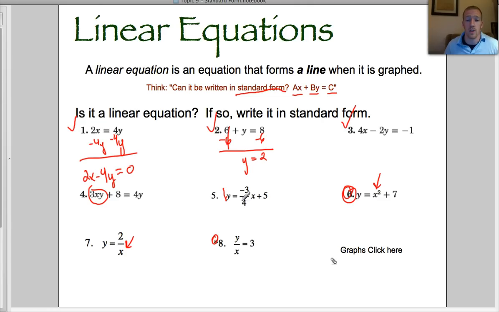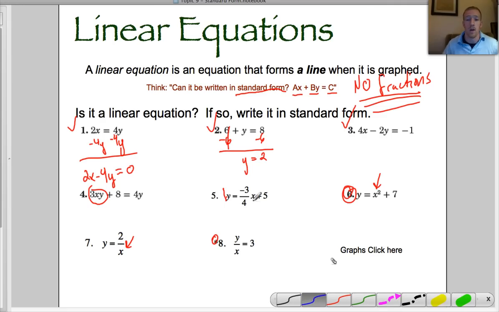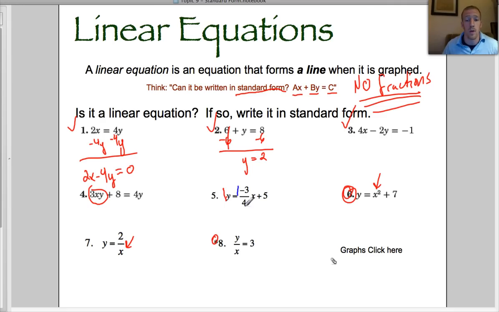Because there's a fraction here, that's the other thing with standard form: there can be no fractions. So if this one's got a fraction, we got to get rid of that denominator. Because it's a 4 on the bottom, I'm going to multiply both sides by 4.